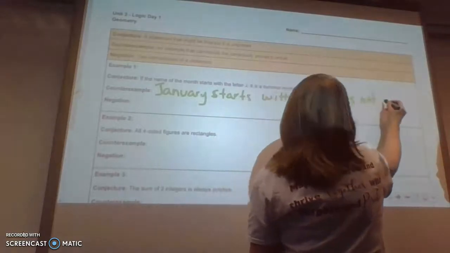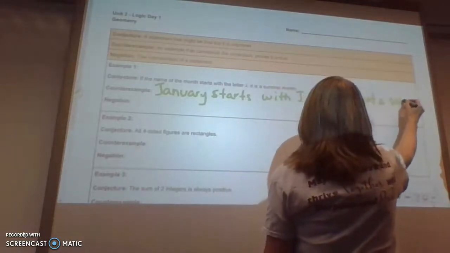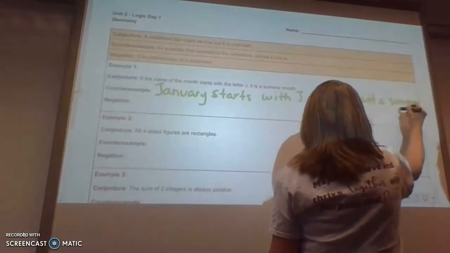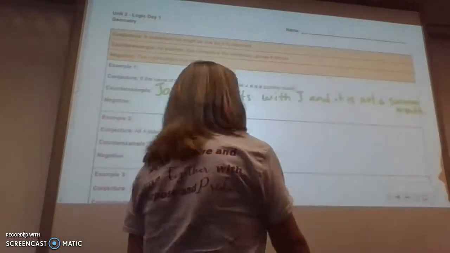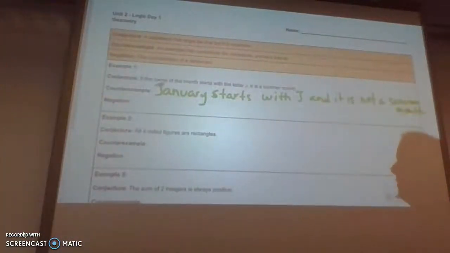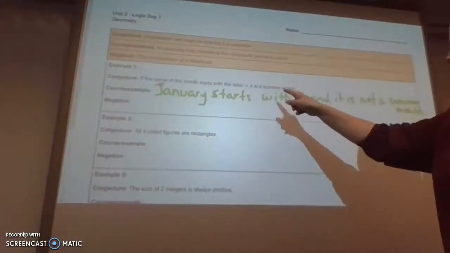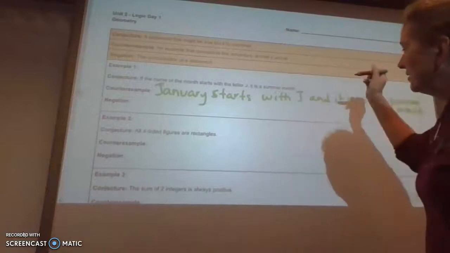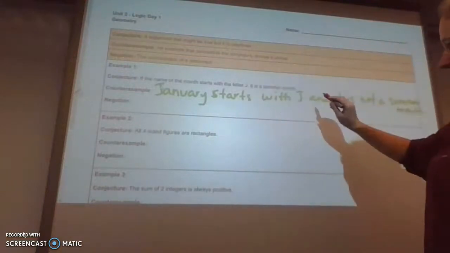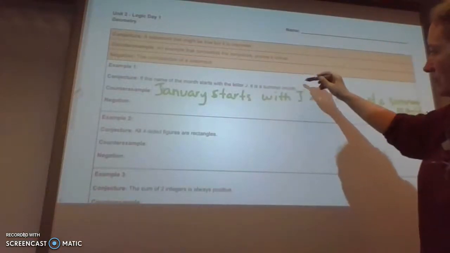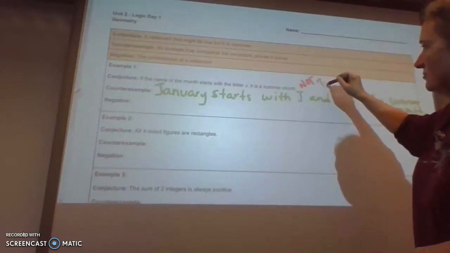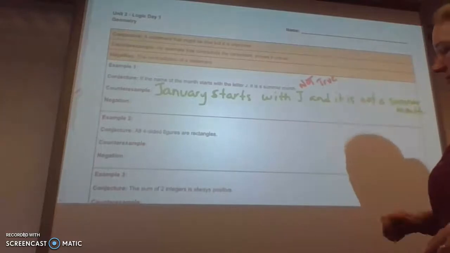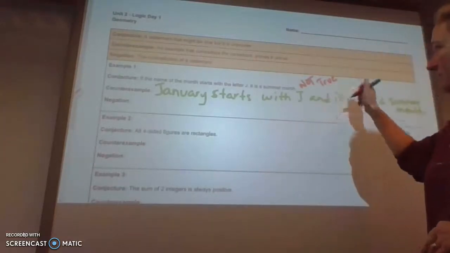Is January in the summer? No. So that proves that my statement is not true, because January starts with J and it is not in the summer. So this statement, the counterexample, proved that this is not true.